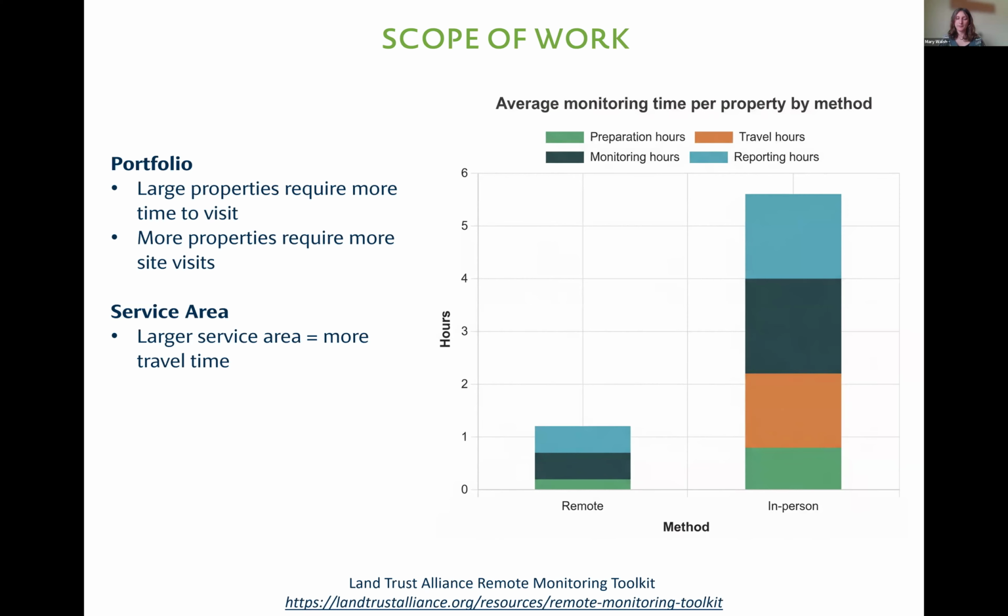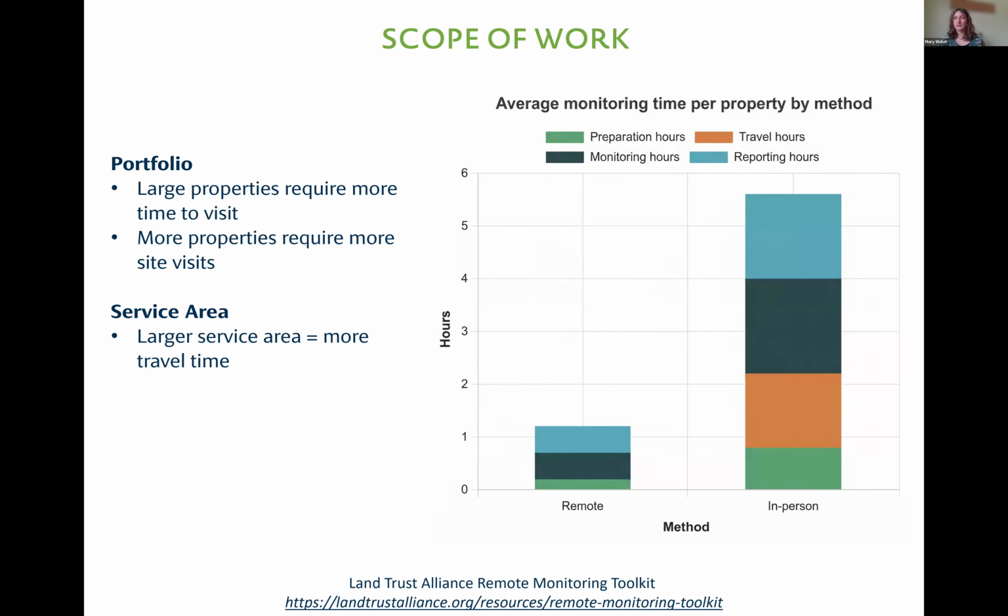In this census of land trusts that had these grants, this is what they found as far as the time it takes to monitor. I do want to call out that a lot of these land trusts were in places like Colorado and California and some states in the Southeast.